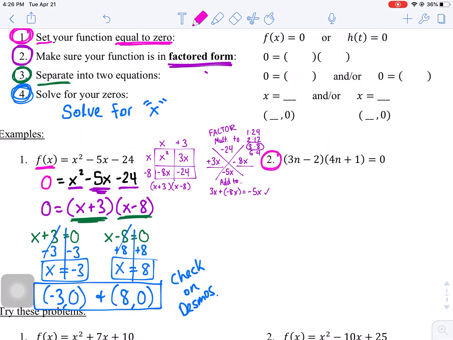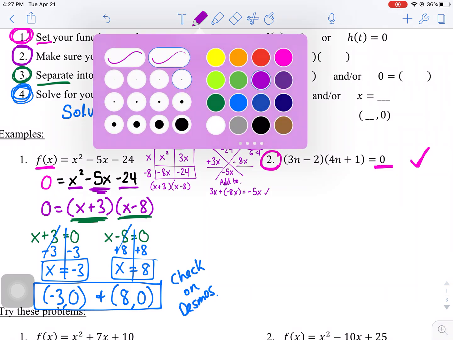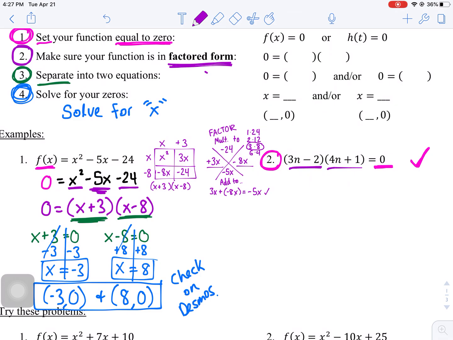So we're going to look at this problem 2 on the right side. This equation has already been set equal to 0, so that step is done. And our equation is already in factored form.